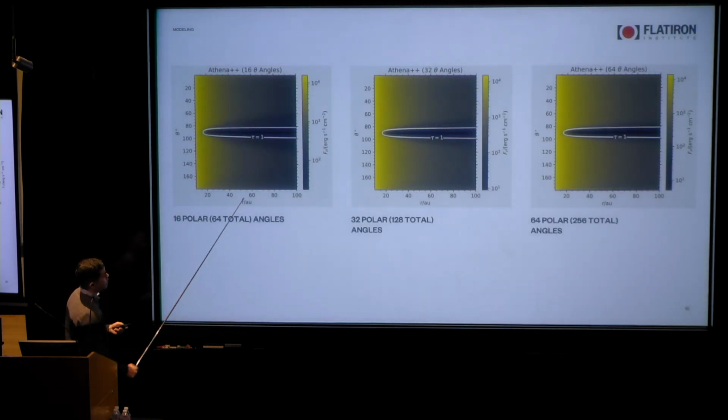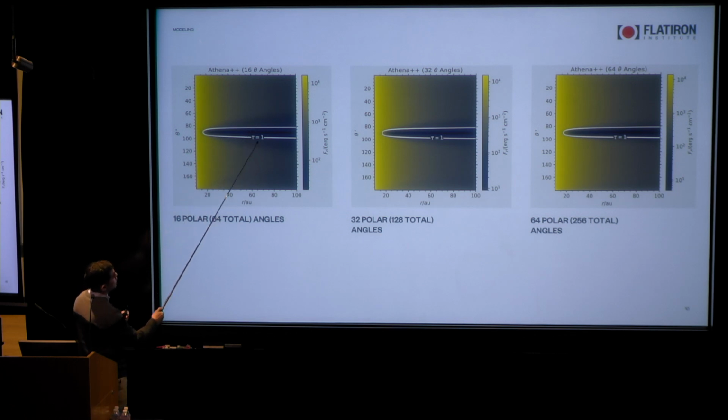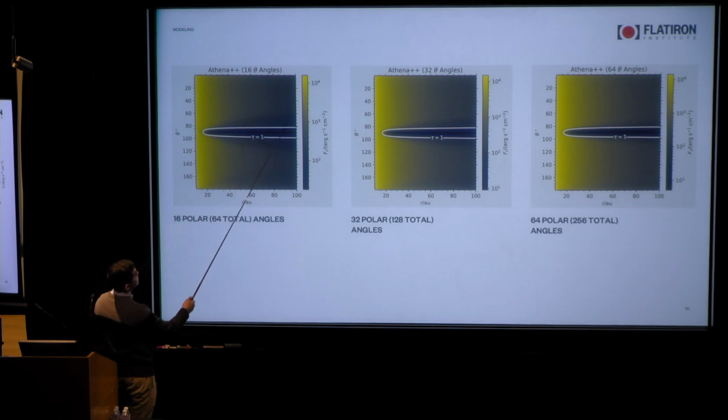And so you can see here a comparison as we increase the number of polar angles in the simulation, how it affects the flux that we find. At a relatively low polar angle resolution of 16, you can see that these oblique rays, for example, coming upward from below the disk or downward from above, will cast a shadow as they cross the disk, leaving these penumbra above and below the disk.